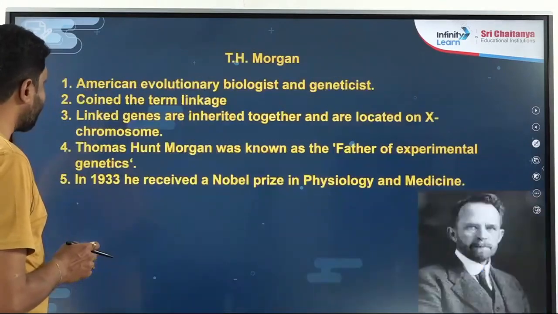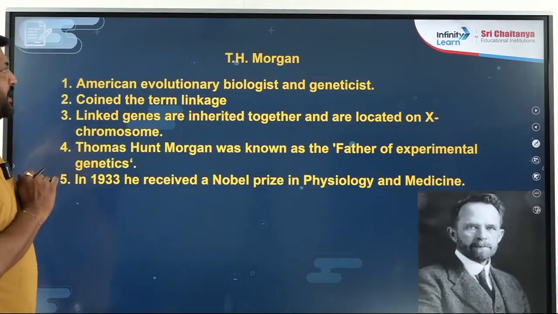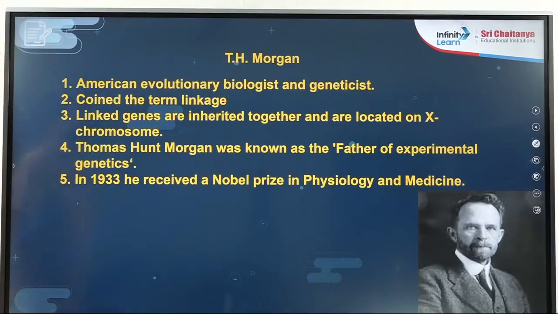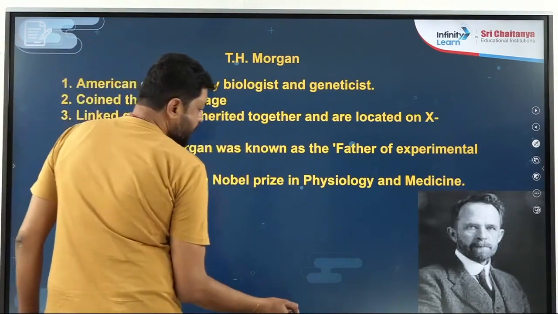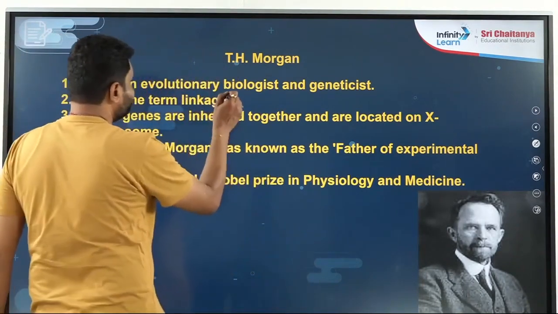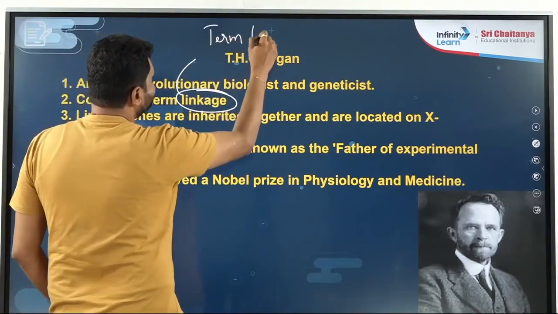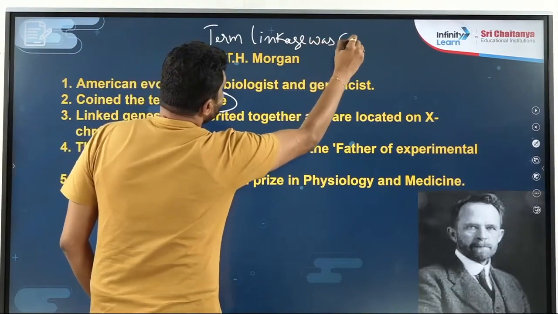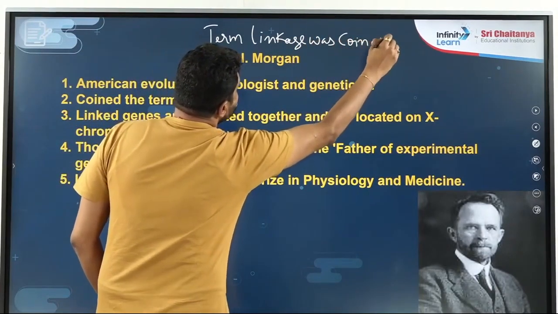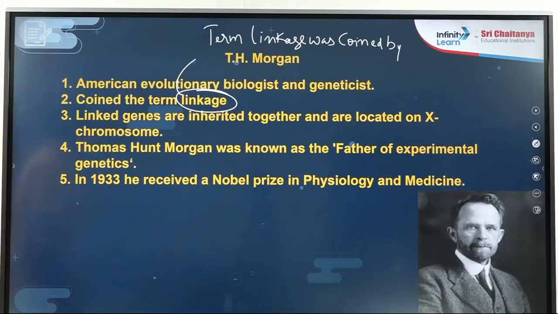Let us discuss first about T.H. Morgan. Thomas Hunt Morgan, an American evolutionary biologist and geneticist, coined the term linkage. 2015 and 2013: the question appeared 2 times in the NEET examination.